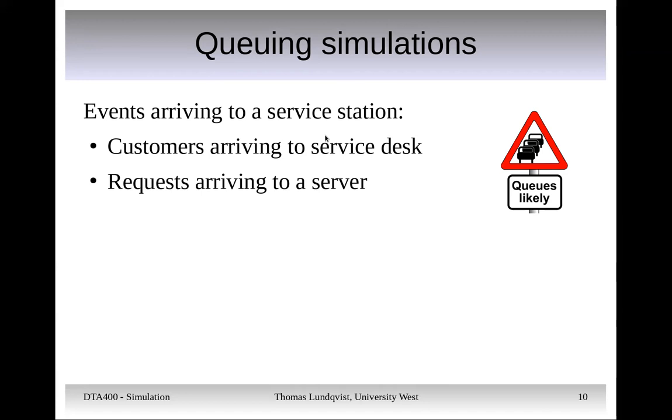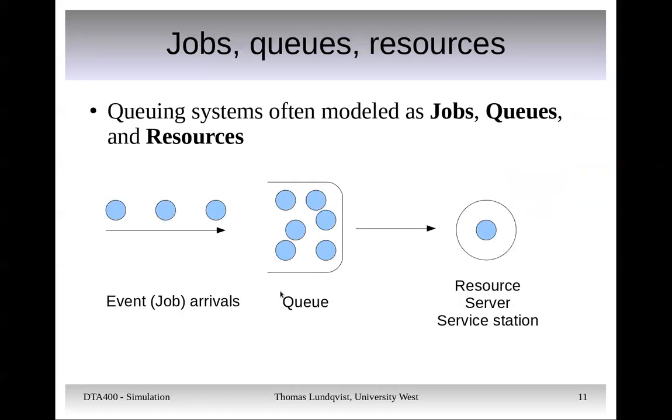So you have something generating jobs. So that's the building blocks. And very often you can illustrate it with these pictures, maybe jobs arriving. You have a queue and you have a service station.